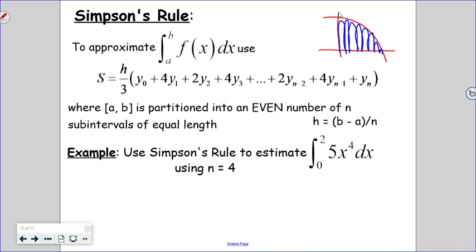Each of the other stopping places, however, whatever our height moves us to, this is where it gets different, will be an alternating multiple of 4, and then 2, and then 4, and then 2 for every interior value, starting with a 4. So it goes 4, 2, 4, 2, 4, 2 until we run out of interior points.